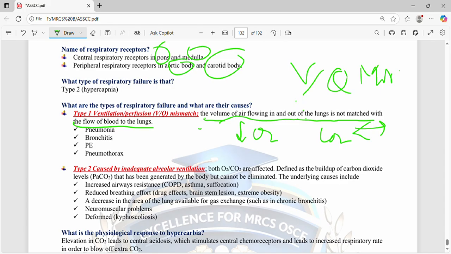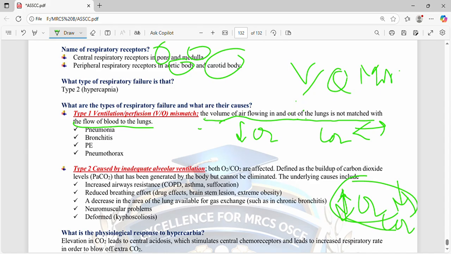Type 2 is caused by inadequate alveolar ventilation, affecting both O2 and CO2. In type 2 respiratory failure, we have decreased O2 and increased CO2. So both are affected. So this is type 2, defined as the buildup of carbon dioxide that has been generated by the body but cannot be eliminated.